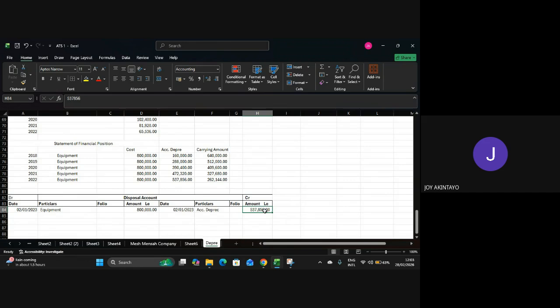We receive cash. So which account will you debit?